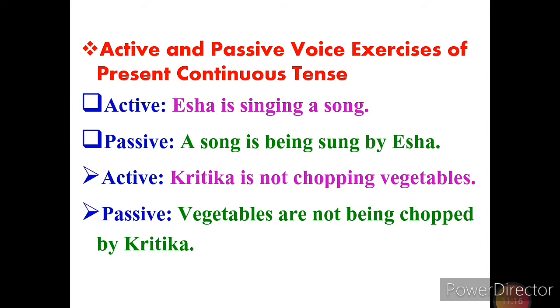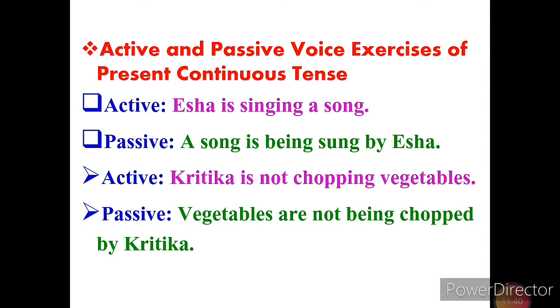We see the passive change. A song, object, has become subject. Is, being is taken as per structure, and past participle form of sing is sing, sang, sung. A song is being sung by Aisha.